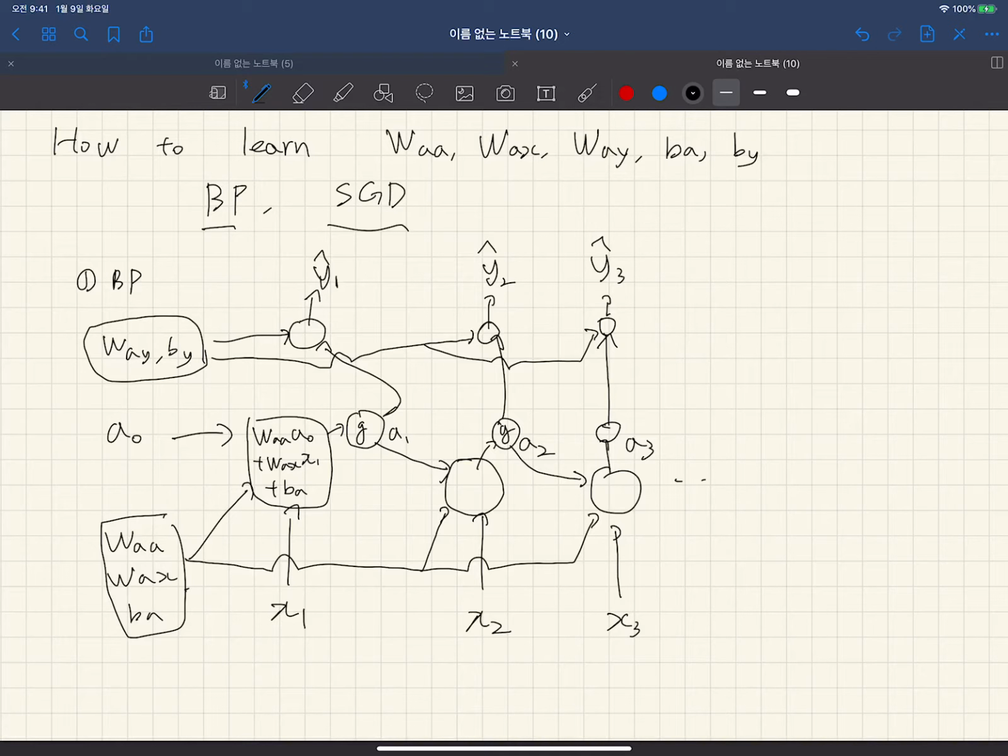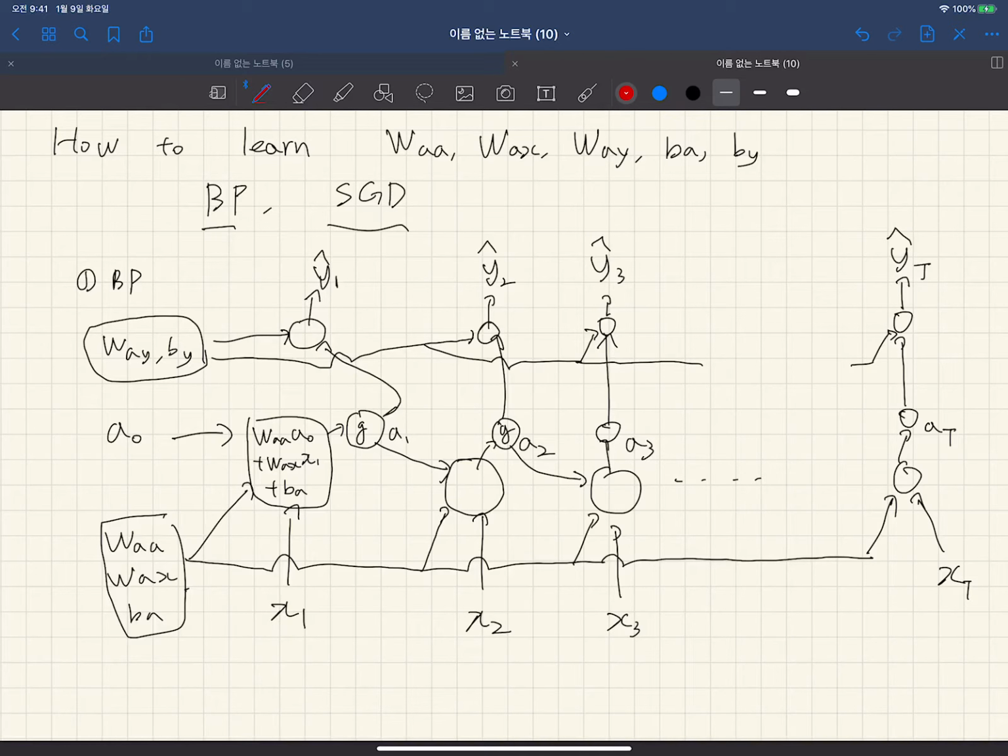Okay, so you can define it this way up to, let's say, the end time X capital T, and go to A capital T. This one, again, uses the same parameters again to find Y capital T hat.